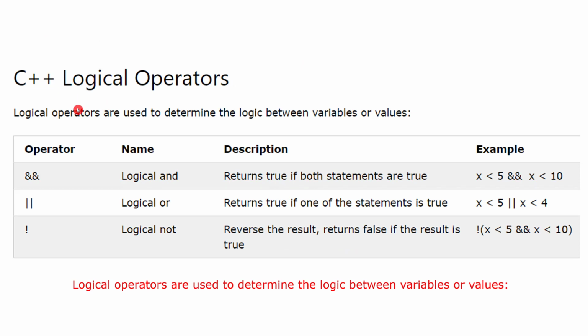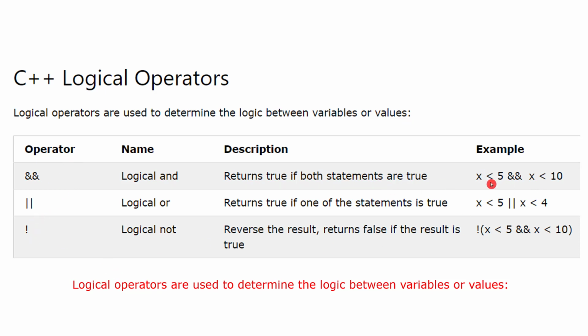Then we have the C++ logical operators. The logical operators are used to determine the logic between variables and values. So it is basically to compare two statements. We have and, or, and logical not.